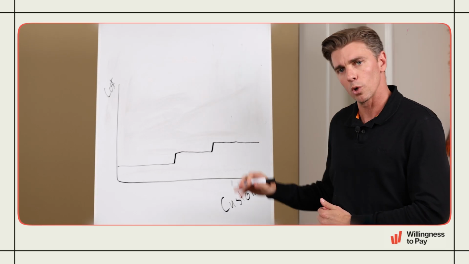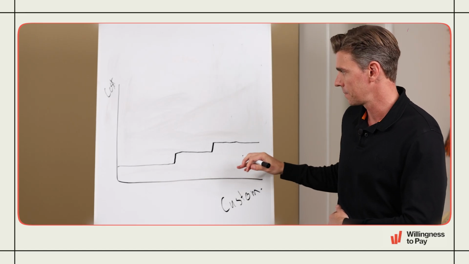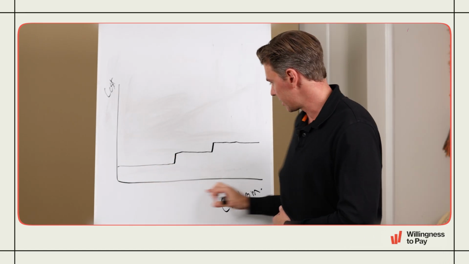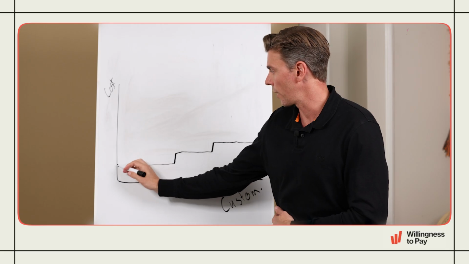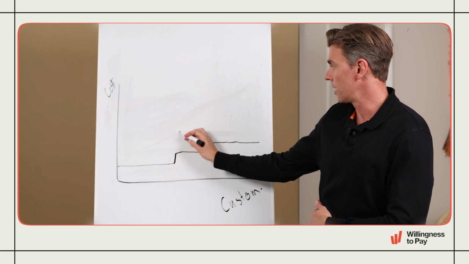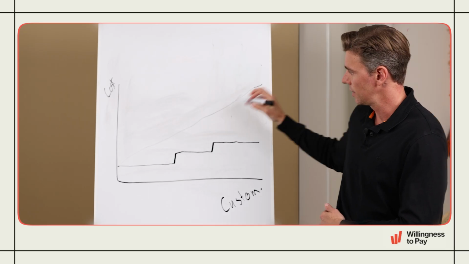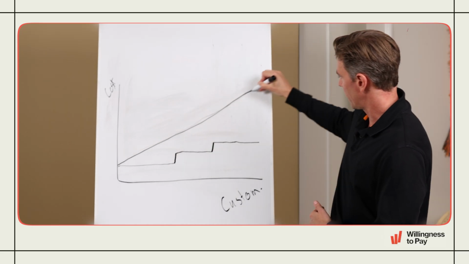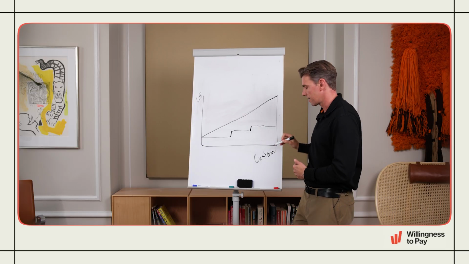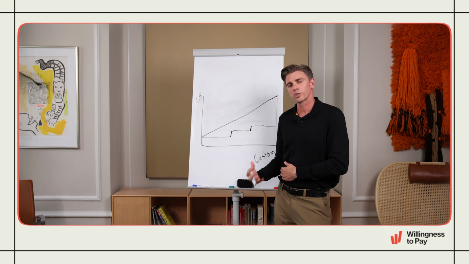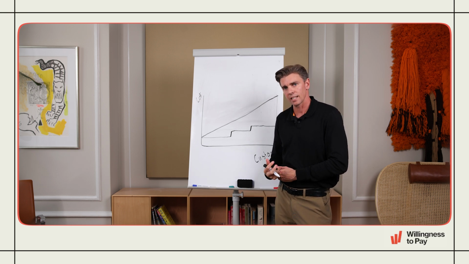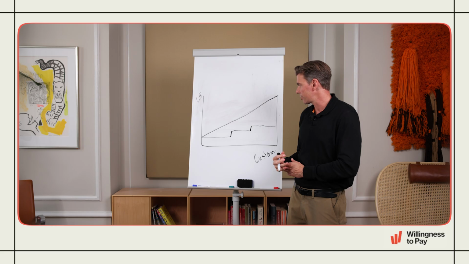Our fixed costs will probably have stairs in them. But what we find is as the number of customers grows, we're also going to get an increasing amount of variable costs.